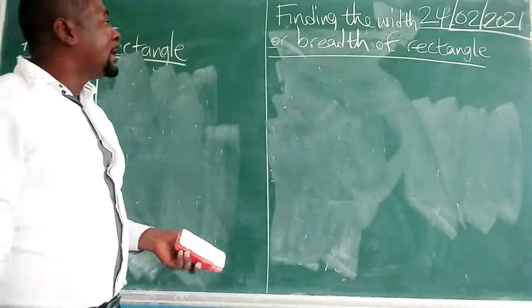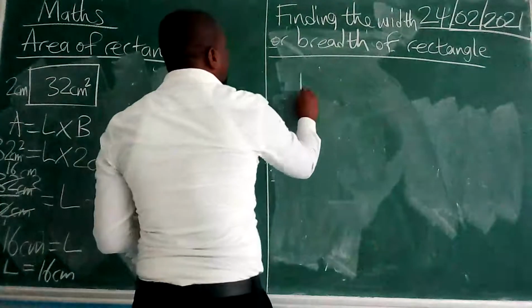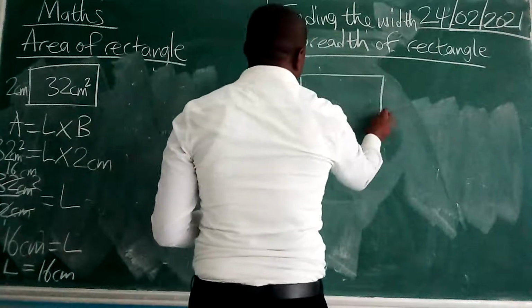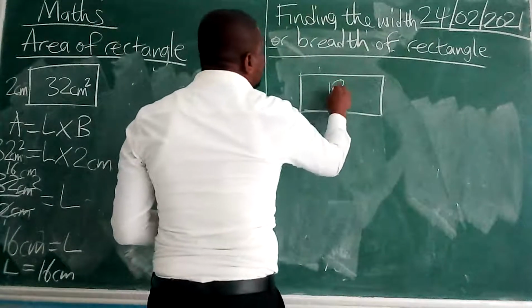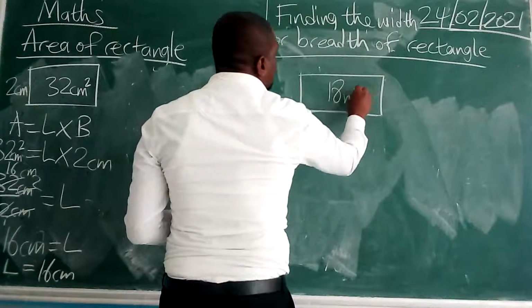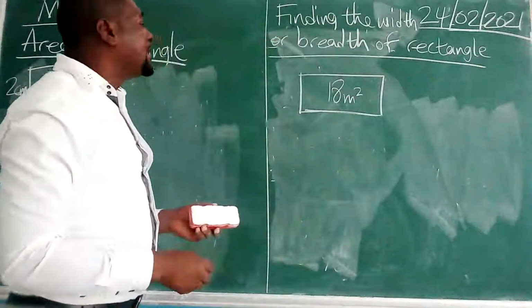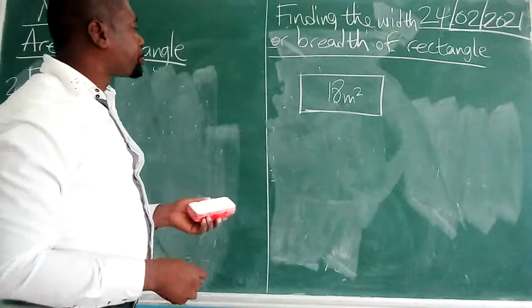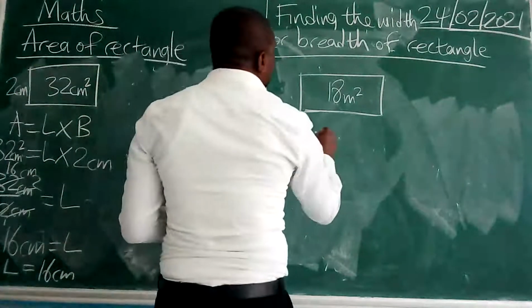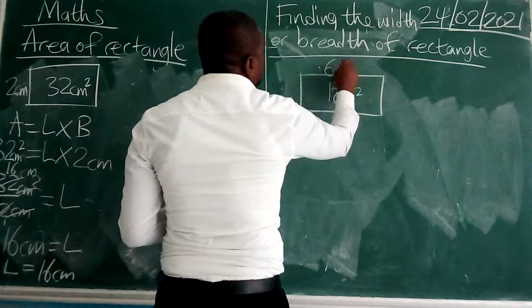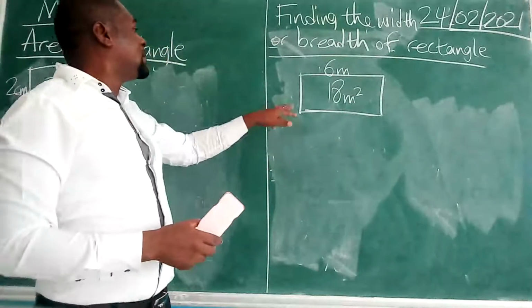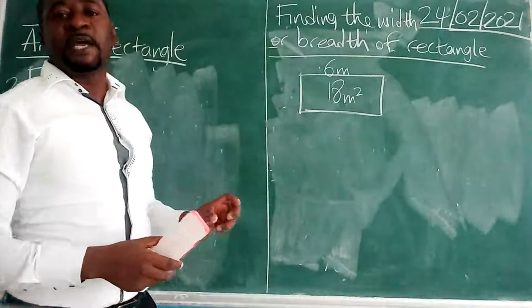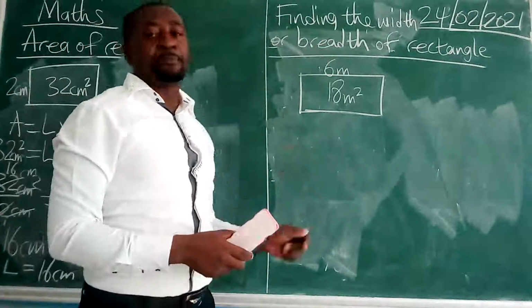Now, let's take this one. This is a rectangle. Let's say the area is 18 meters square, and then we have the length, let's say 6 meters. So the width is not there, so we have to find the width or the breadth.